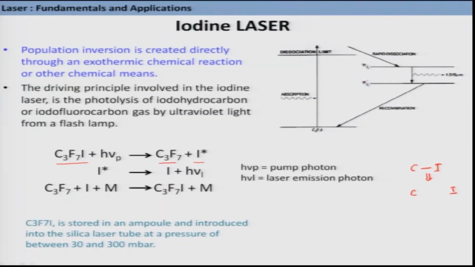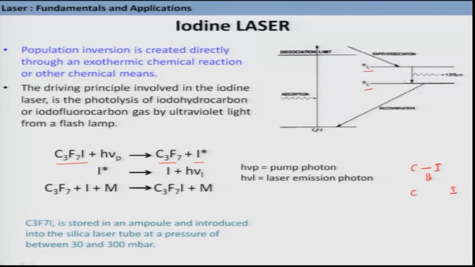Here P3/2 is the ground state, while P1/2 is the excited state. This picture is not very clear, so I apologize for that. Now the iodine can be produced in either of these states.